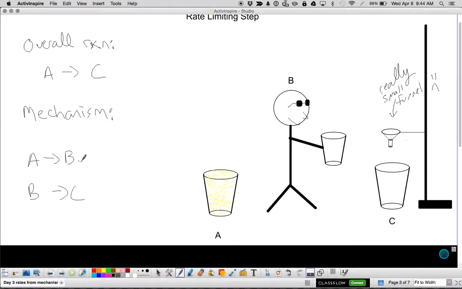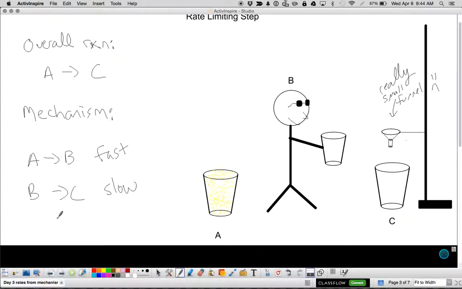Now, A goes to B, this is very fast. Okay? And B goes to C, this is actually really slow because I have to wait for the sand to go through the funnel. So what determines how fast I can do this overall reaction A to C? Well, it's going to be how fast the sand goes through this funnel, right?